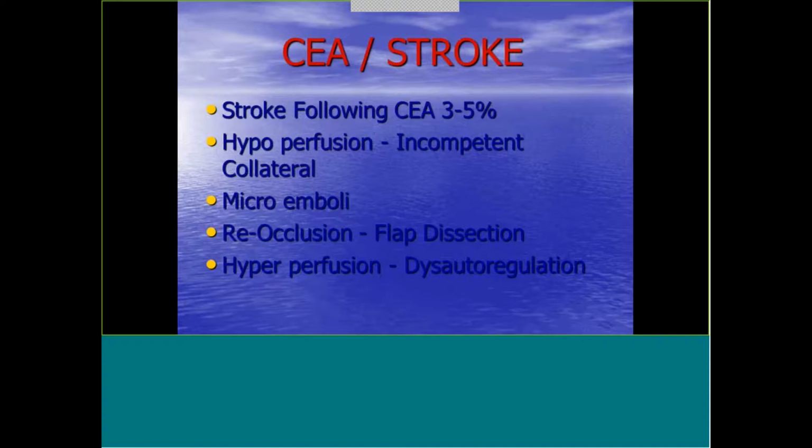I can't get any bigger, and I'm okay with that. But now you go down and you clean out the vessels in my neck, and now I have all this flow going up there, and I can't get any smaller. So you get overperfusion, which leads to little hemorrhages, dysautoregulation, and can lead to stroke. So it's a definite complication here.